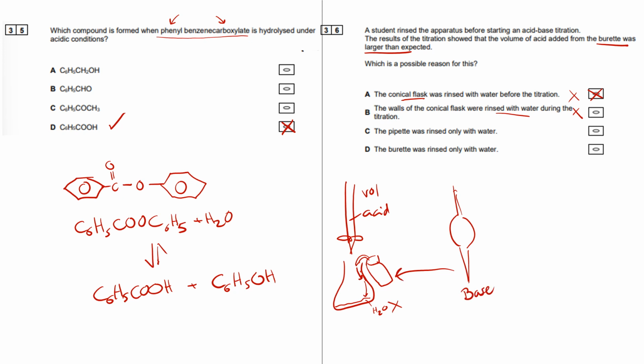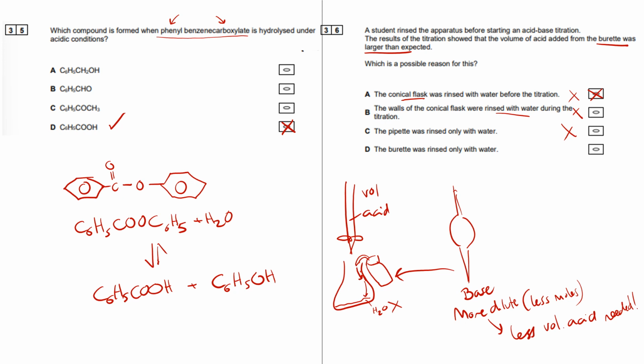If our pipette's rinsed with water, then we're going to have more dilute base. If it's more dilute, there's less moles. So that would result in less volume of acid being added from the burette. Not more volume, which is what the question's asking. So C is incorrect as well.